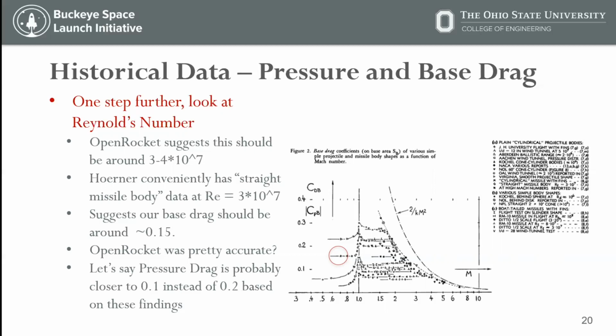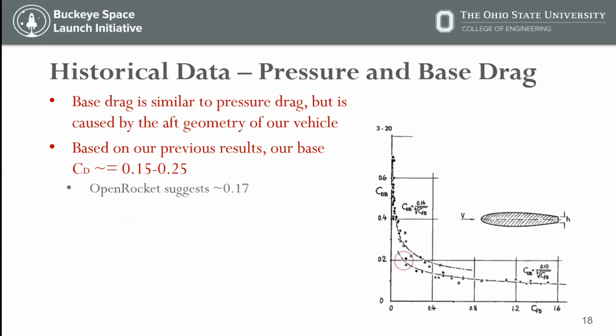We could probably safely assume that our pressure drag is also at the lower end of its range. We were looking at 0.1 to 0.2. If I go back a couple slides, you can see that the lower our forebody pressure drag goes, at least there, maybe we're looking at the same area for our base drag.